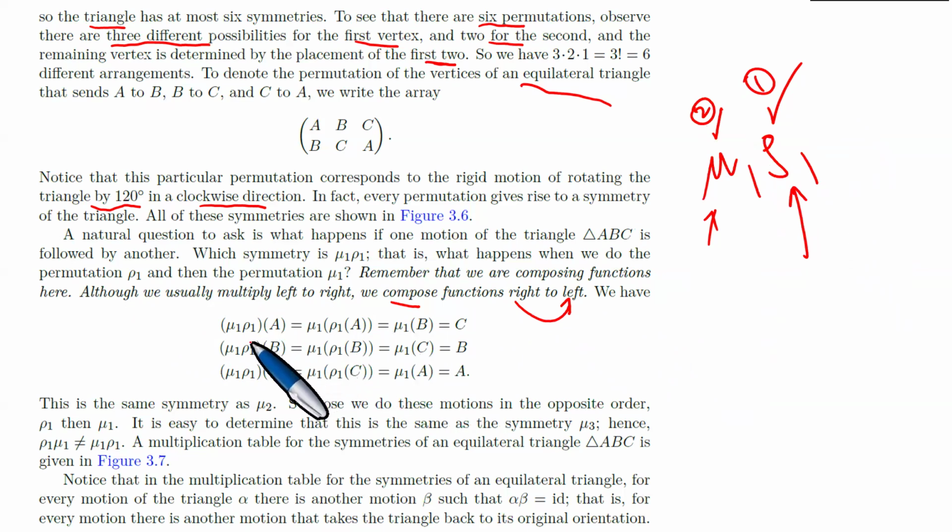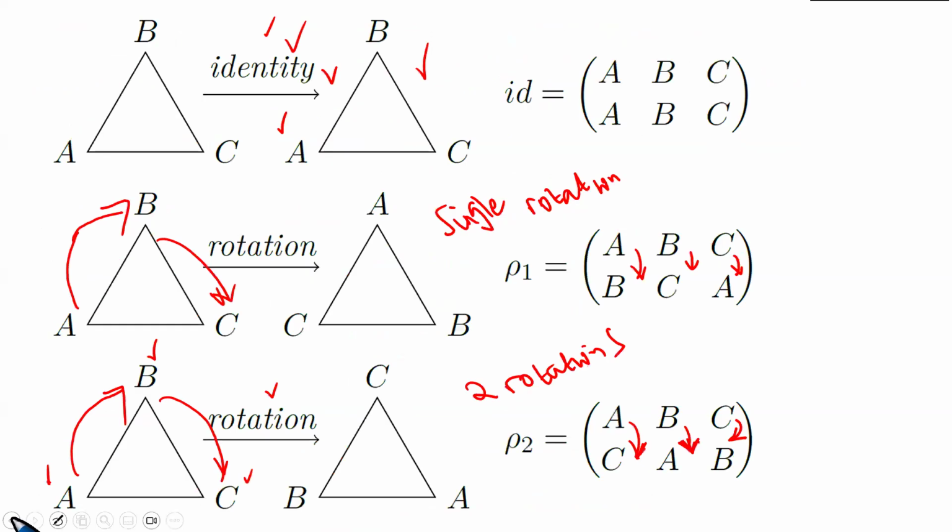Let's look at mu1 rho 1 of A. In terms of functions, this is the same as mu1 in brackets rho 1 of A. What does rho 1 do on A?